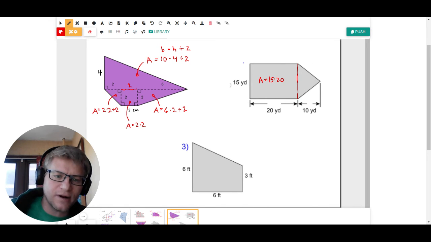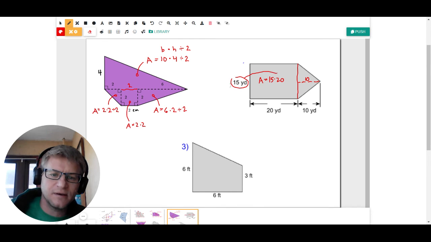And then the triangle. Now the triangle is interesting. We know the 10 right here. Wouldn't that also be the same as our height? Isn't our height right here going to be 10? So it said 10 right there. So that means this is 10. And then that means this part right here, the base of that triangle, is 15 because of transference. So if I take this 15 yards, I move this over here, my entire base is 15.